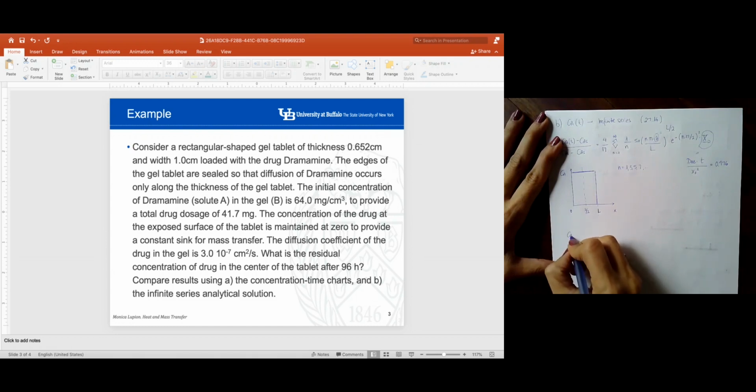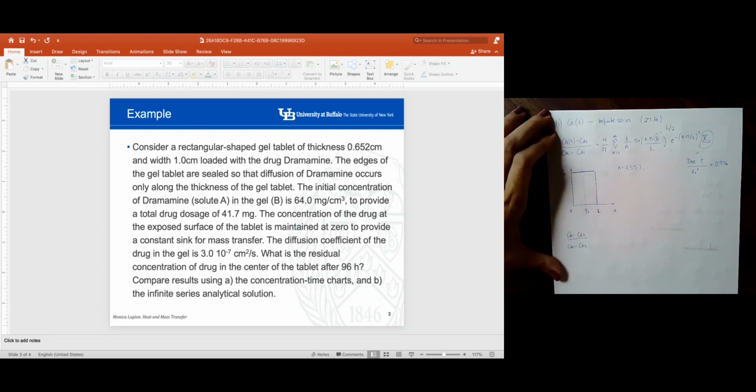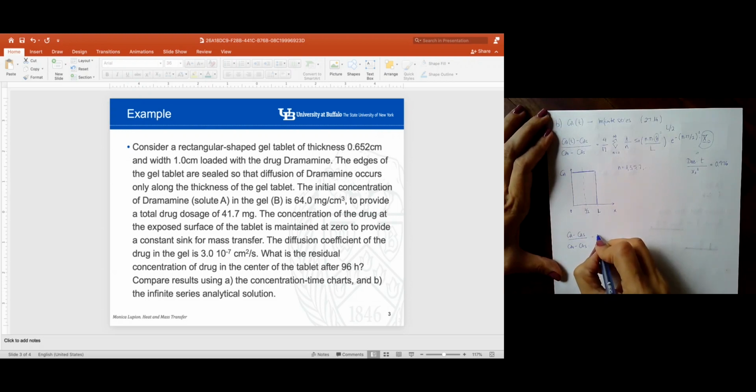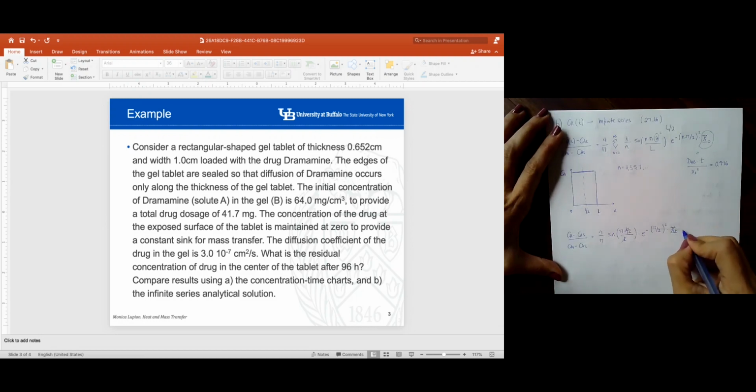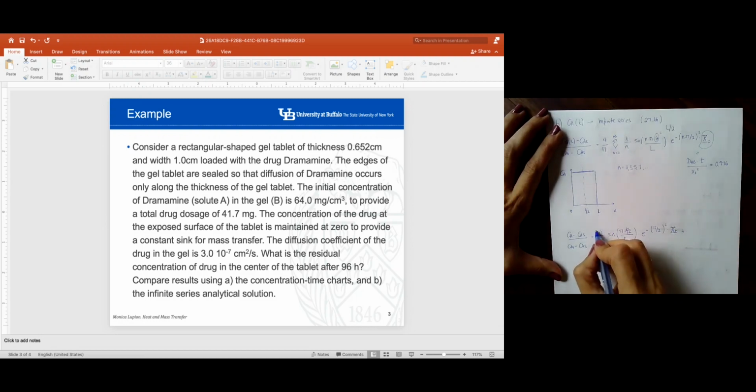So the concentration minus the concentration at the surface over the initial concentration minus the concentration at the surface is equal to 4 over pi, when n is equal to 1, sin pi L over 2L, which we can cancel, times e to the minus pi over 2 squared xd, plus, this is when n is equal to 1.